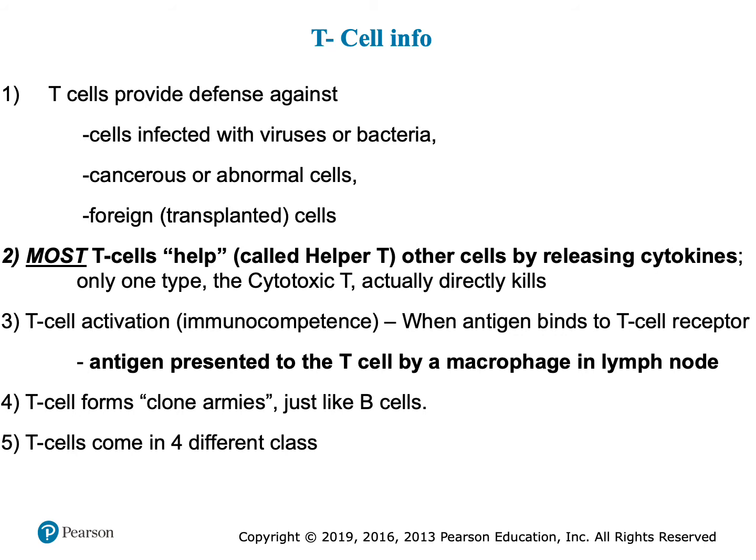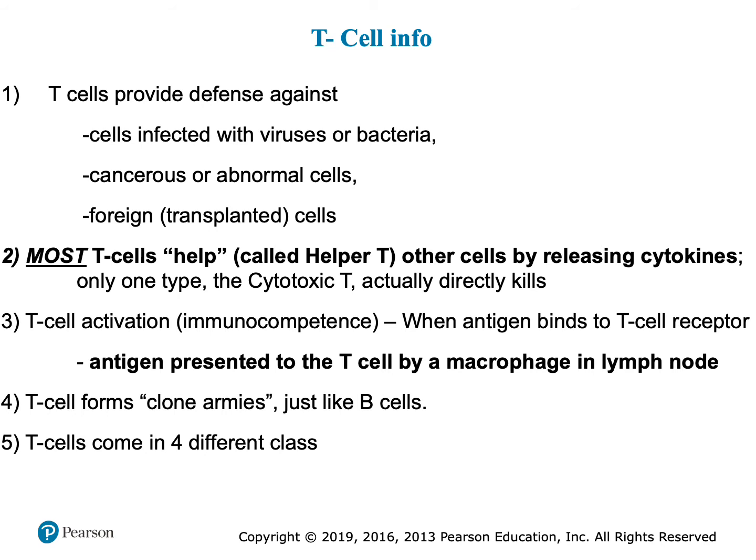Most of the time this is going to be in a lymph node. I think I mentioned this earlier. Lymph node or spleen, but it can be anywhere. And on this slide, I probably shouldn't have written macrophage, because it could be a dendritic cell too. Dendritic cells came from the epithelial area. Macrophages come from the connective tissue area.